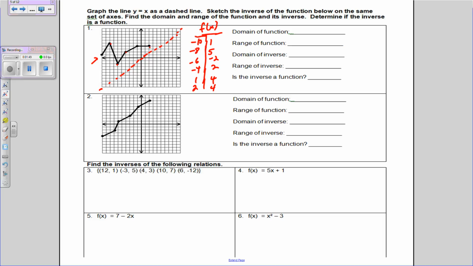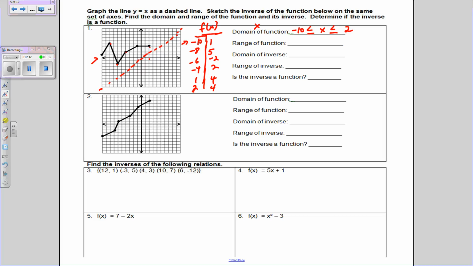Now, let's go ahead and do the domain and range of that function. So the domain, the lowest thing we see in x, is negative 10, less than or equal to x, less than or equal to, and the highest value we see in the domain, or the furthest it goes on the x-axis, is up to 2.